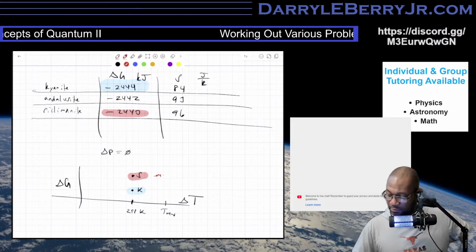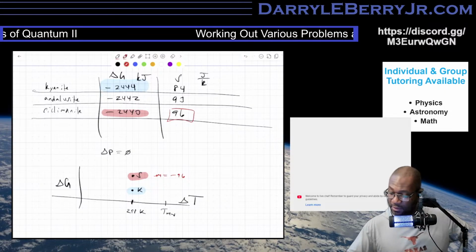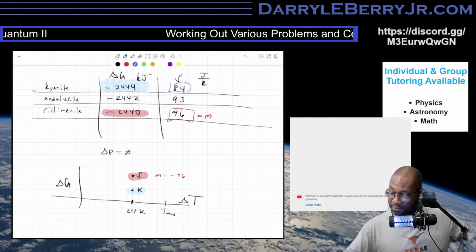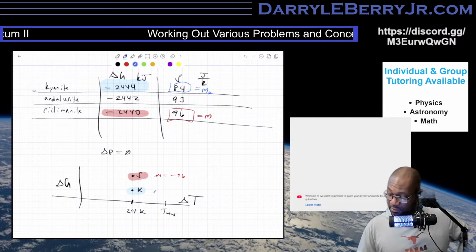So M equals, for selenite, negative 96 entropy, not G. And MK equals negative 84.